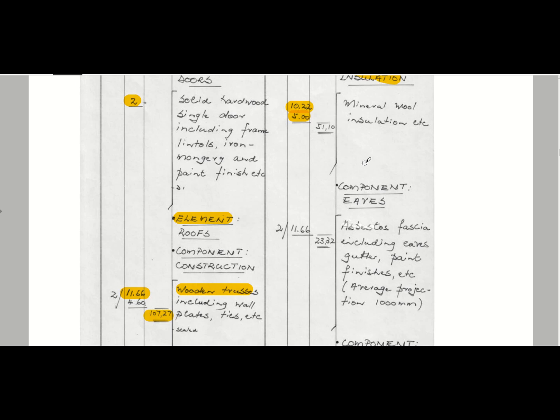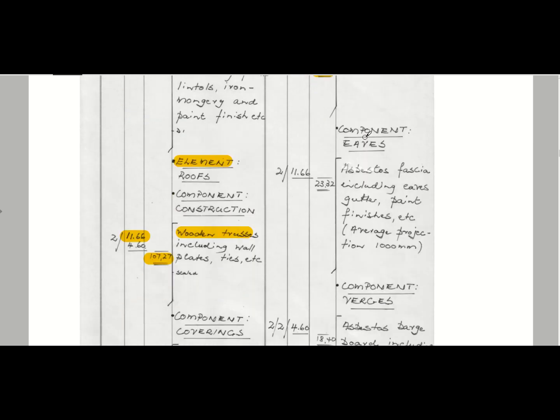Many of your houses or examples might have something else, so you don't necessarily have insulation separate. It will be included in your ceiling boards. For instance, if you've got lambda board or iso board or whatever, that will be the item that you use, so you don't necessarily have to measure insulation.